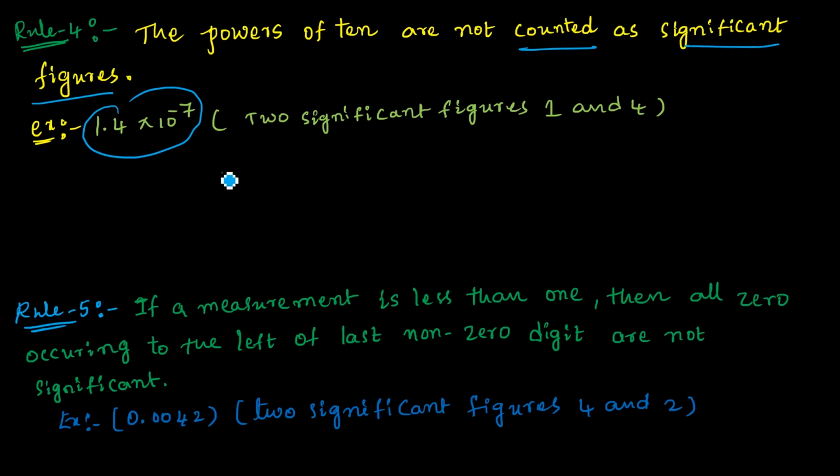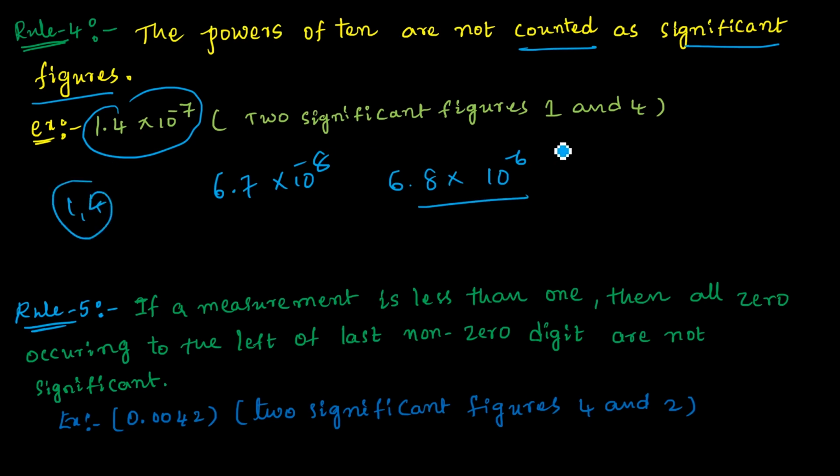Likewise 6.7 into 10 power 8, or 6.87 into 10 power 6, like this. The powers of 10 cannot be considered as significant figures. So here how many significant figures are there? 1 and 4 are 2 significant figures. That's the reason we are taking 2 significant figures.